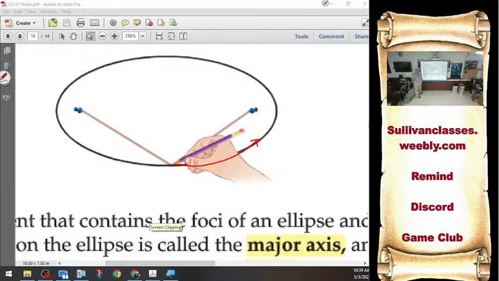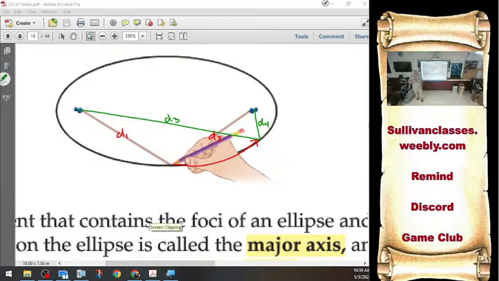Well, that string length never changes. So distance 1 plus distance 2, the total length of that string, is the same no matter what, including if my point is way over here. Now distance 3 plus distance 4 still equals the same thing as distance 1 plus distance 2.